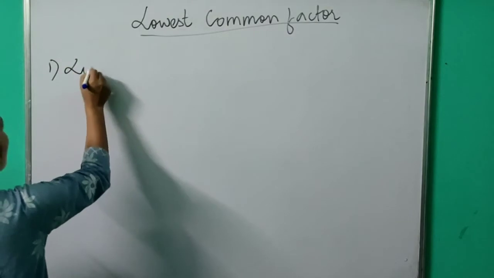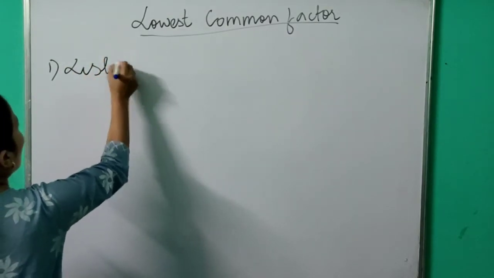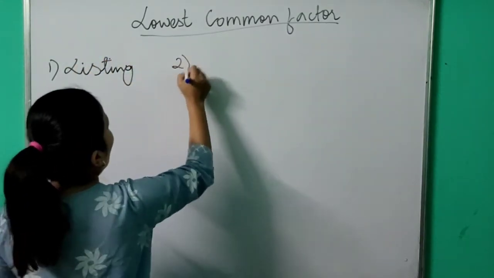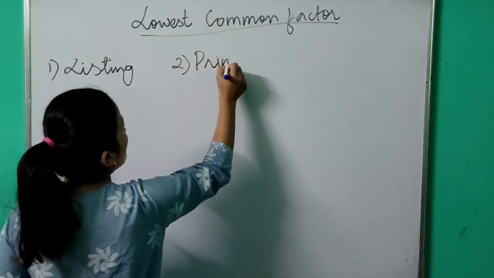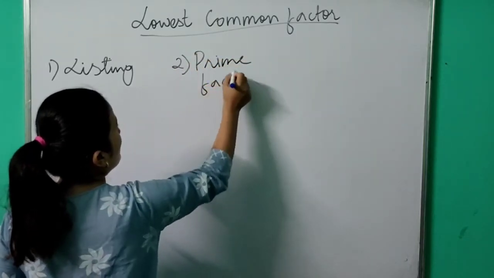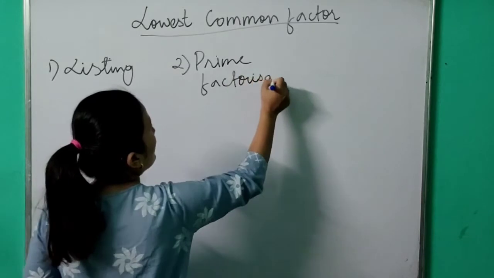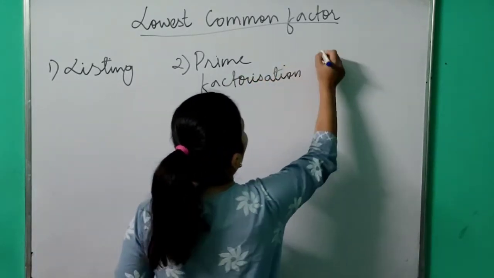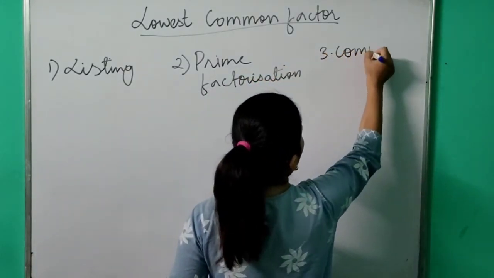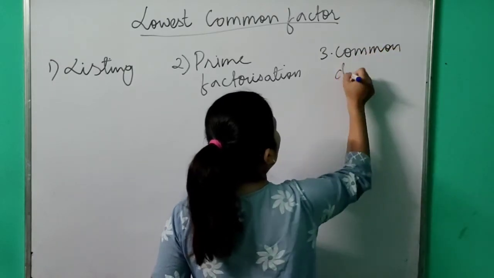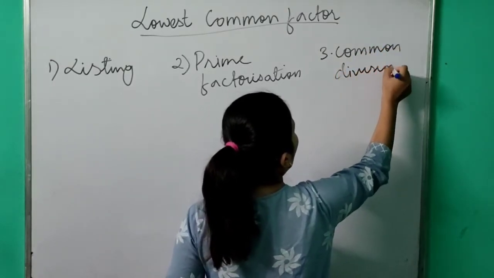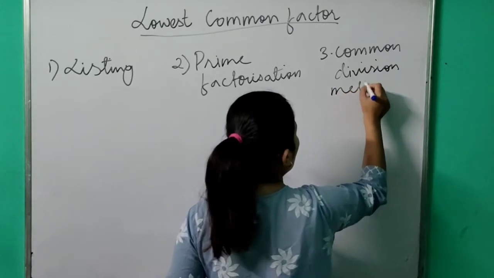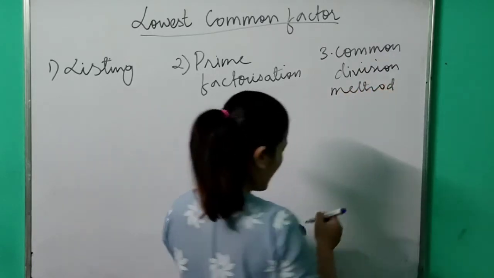One is the listing method, then you have the prime factorization method, then you have the common division method. Now let us go through each one of these along with an example.